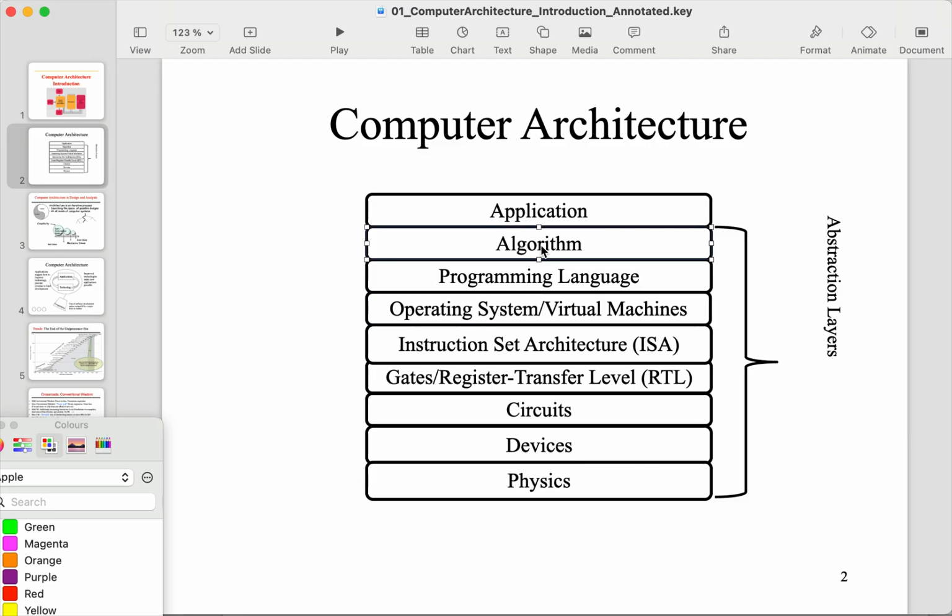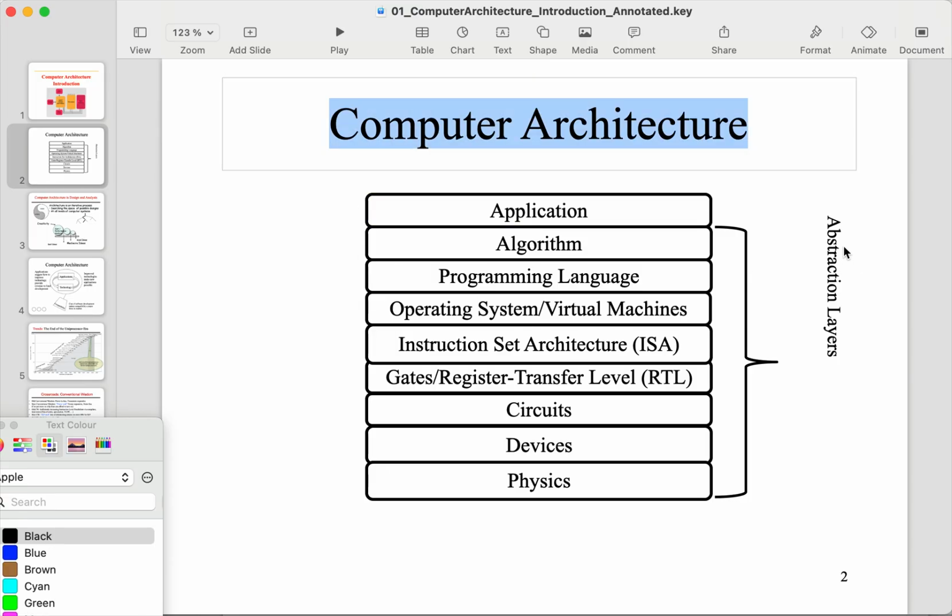The algorithm would be a basic logic that allows our application to come to life, or implements our intentions, desires, creativities for what we would like to create in this application, implemented through the algorithm logic. So this is overall how a computer looks like. That's the basic computer architecture abstraction layers.